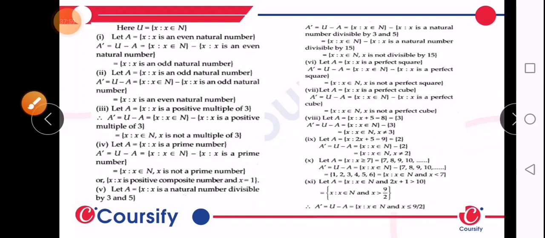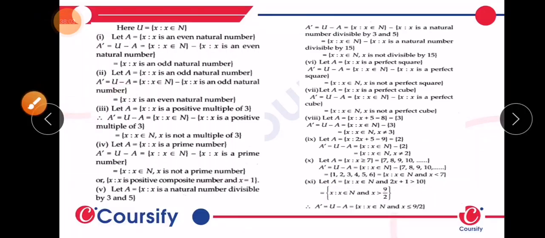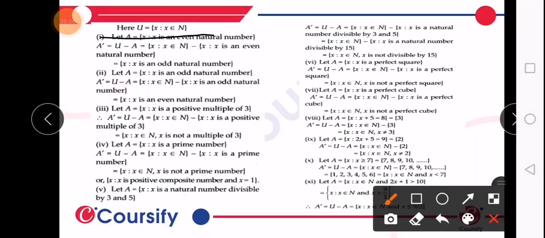Let's take a quick look at the solutions. Here U is the set of natural numbers, and if a set is the even natural numbers, we have the complement as the odd natural numbers. Let a be an odd natural number. Then the complement of such a set will be the set of even natural numbers.